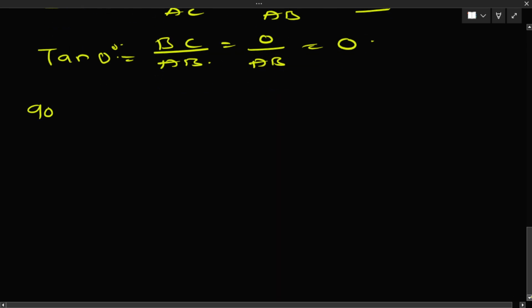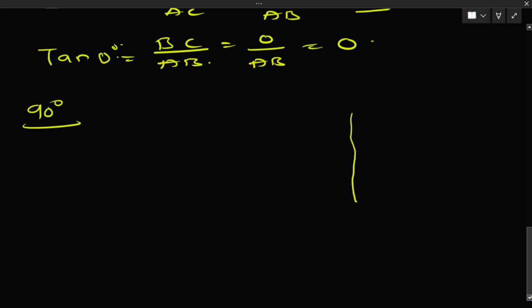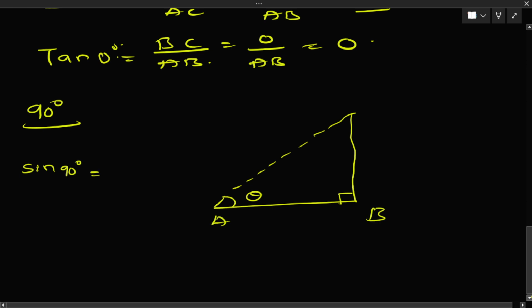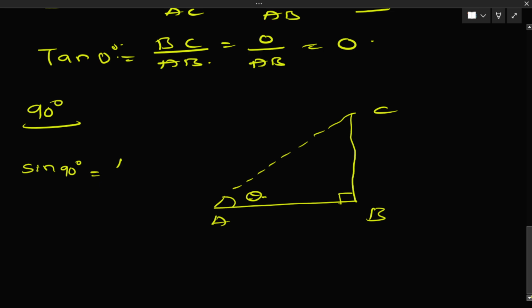Now moving to 90 degrees. What about 90 degrees? Firstly, consider the right angle triangle. Here, for example, this is theta. Firstly, sin 90. If I name this triangle ABC, sin 90 means theta is equal to 90. Sin theta means opposite by hypotenuse.